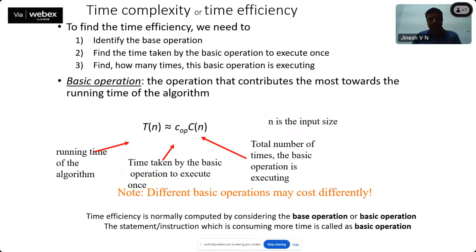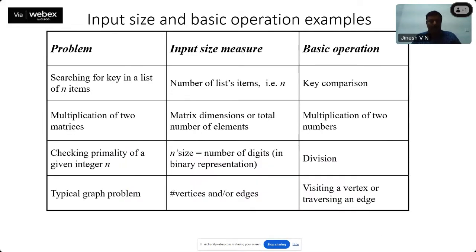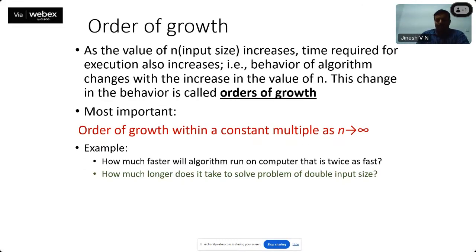So for doing this task, basically we take the problem. For that, what kind of input we are using, what is the size of the input, and what operations are used to complete the task. Then based on this we have an analysis, and that analysis gives the efficiency of the algorithm.